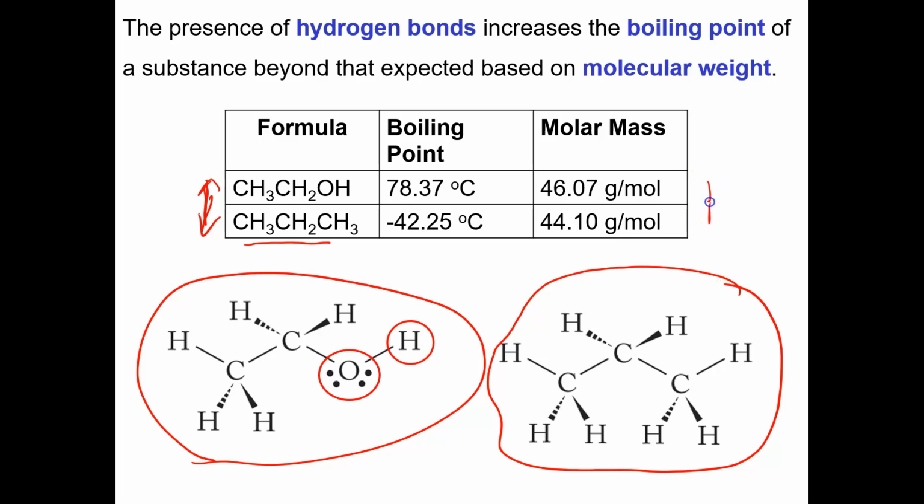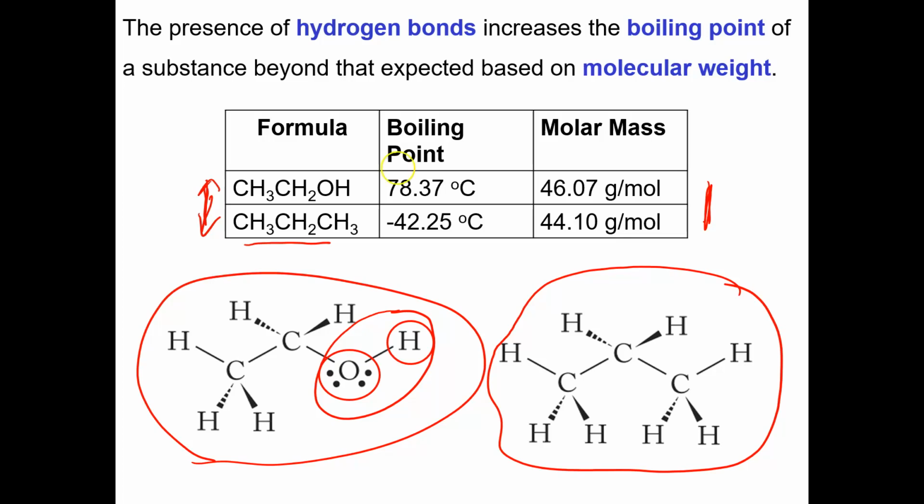You can see that they have similar molecular weights, they're not identical. The propane molecule does not have any hydrogens attached to oxygen, nitrogen, or fluorine, and it doesn't have any lone pairs. However, the ethanol molecule has all of the components needed to form hydrogen bonds. It has a hydrogen on oxygen, and then it has 2 lone pairs.